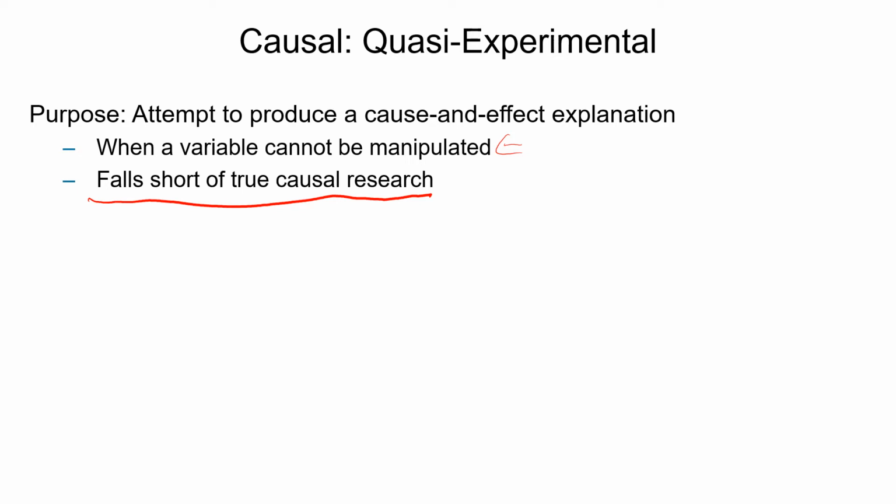So we can still do association between the variables. We can still get covariance. We can still do temporal precedence, but we can't fully account for all other variables. What'll happen is quasi-experimental designs will attempt to control for everything that they possibly can and treat it as a causal with the limitations of not being able to control for all factors.